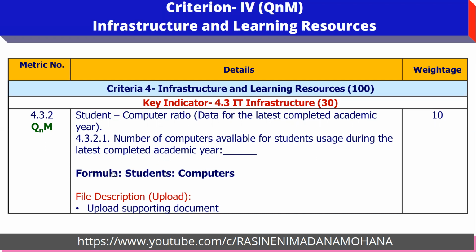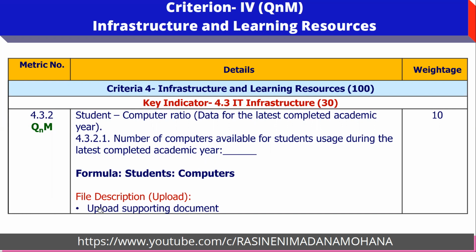The formula for calculating the student computer ratio is students to computers. In the latest completed academic year, for example 21-22, take first year to final year UG, then first year to second year of all PG courses, the total students on roll. Then see how many computers are for student use, and you can calculate the students to computer ratio.